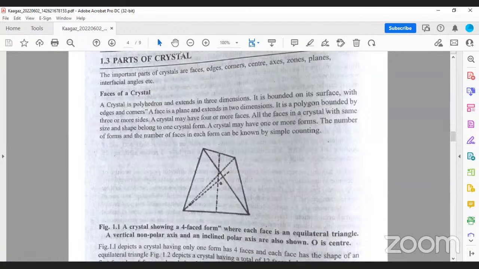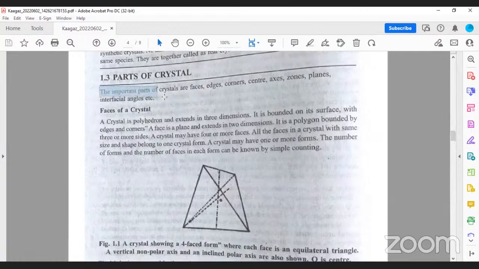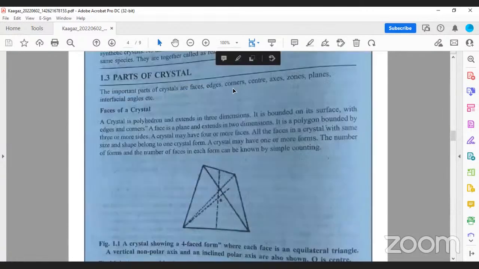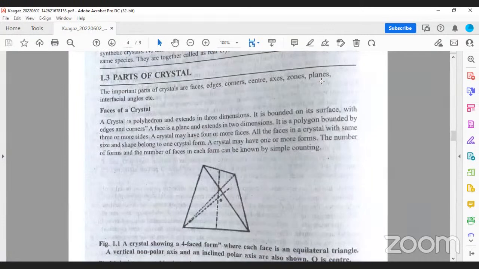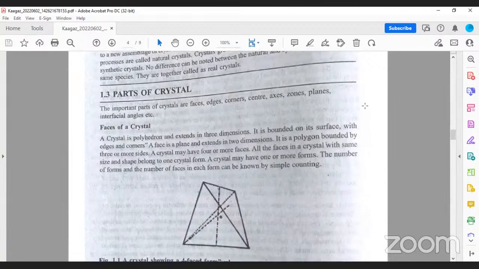These are the important parts: faces, edges, corners, centers, axes, zones, planes. With these elements a crystal will form, and crystal symmetry is divided based on these elements. We will discuss it in later classes.